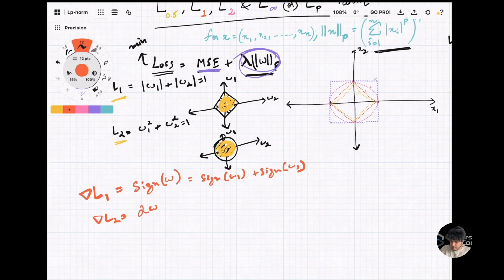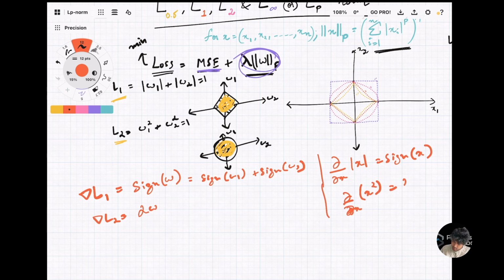That's because, if anyone's interested, d by dx of modulus x is equal to sign of x. And this is because d by dx of x square equals 2x. So here it would be 2w1 plus 2w2. Again, if you're multiplying lambda, that comes here, obviously, right?